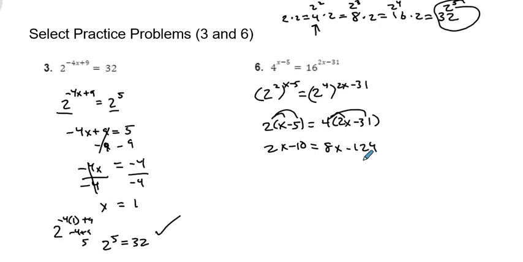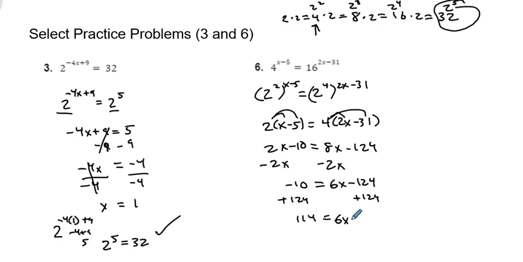We'll move 2x over first by subtracting, so we get 6x minus 124 is equal to negative 10. Now we add 124 to both sides, which is nice because it gets rid of that negative, and you get 114 is equal to 6x.